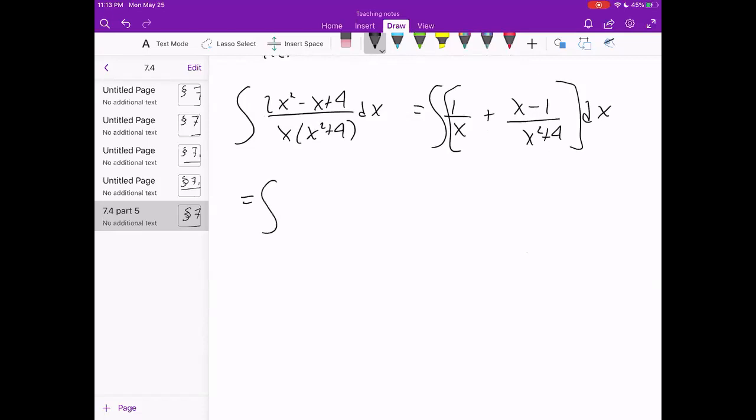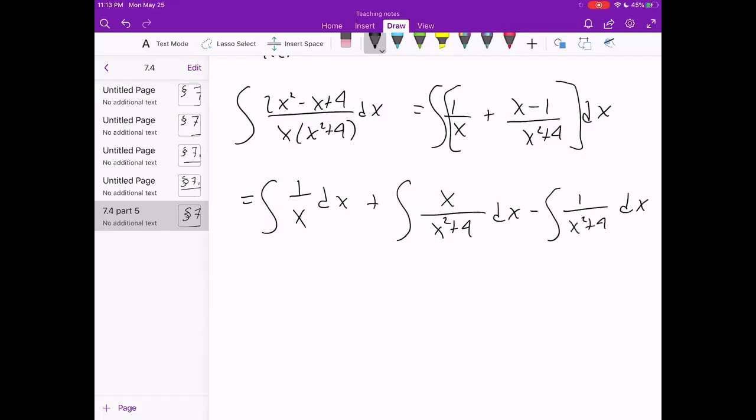So I'm going to split it up into 3 integrals. I get the integral 1 over x dx. I'm going to split the numerator of the second term, x minus 1 over x squared plus 4. This is going to give me the integral of x over x squared plus 4 dx minus the integral of 1 over x squared plus 4 dx.